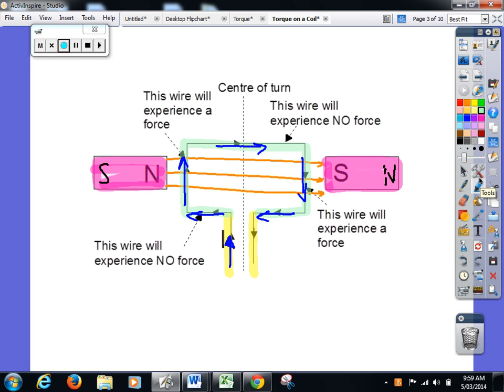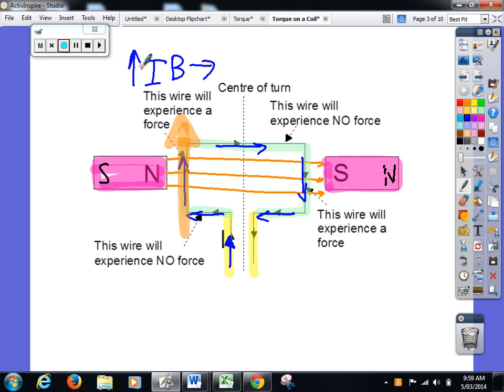So let's have a look at, we'll start with this wire just here. See that one there? Current is going in that direction. So we're going to use our right hand push rule, the FBI rule, and we're going to indicate that B is going, at this point here, B is going that way, I is going that way. Let's work out which way the force will go.